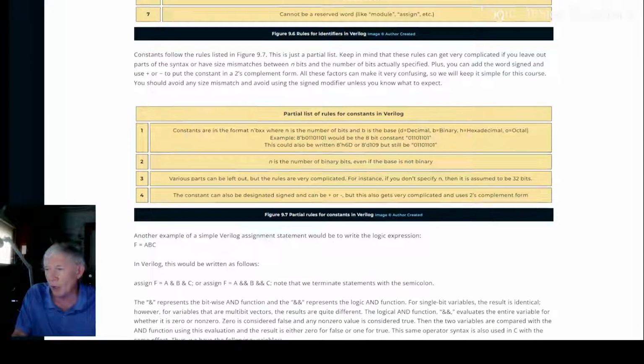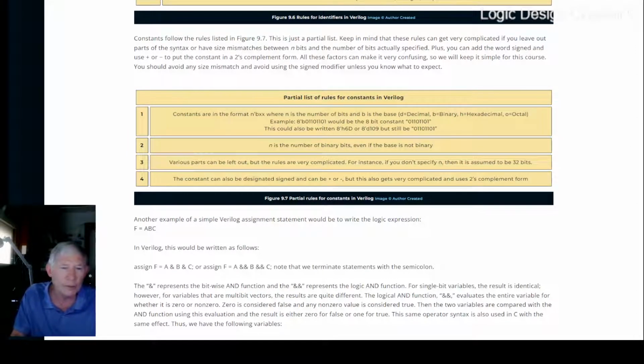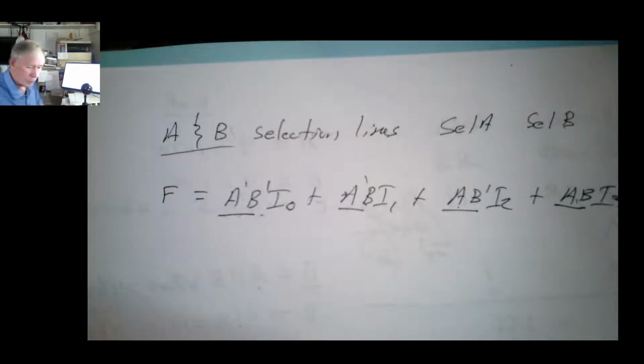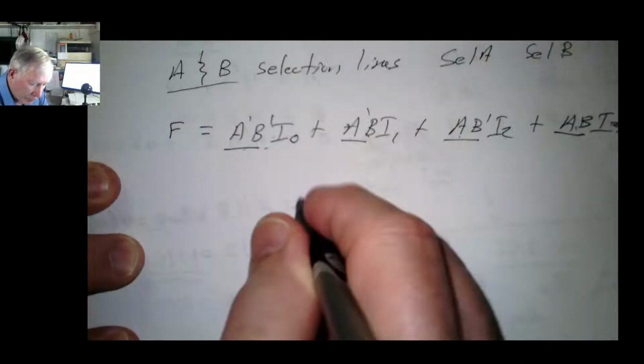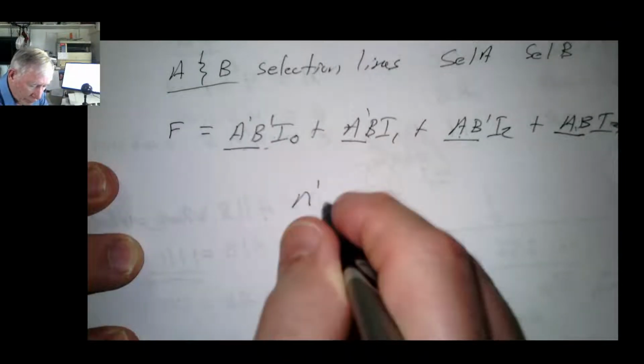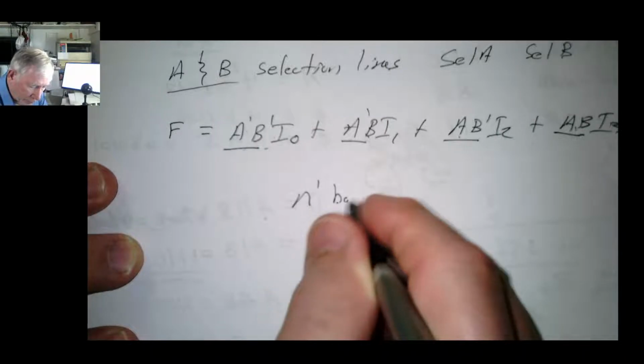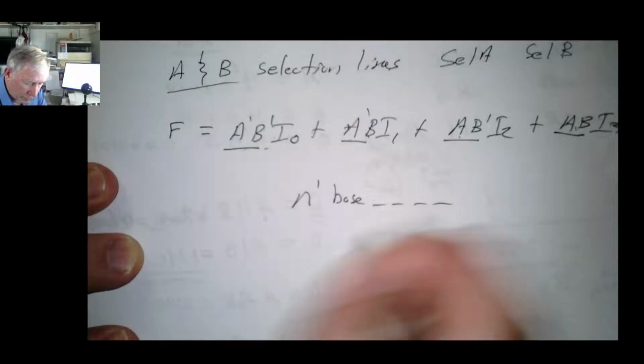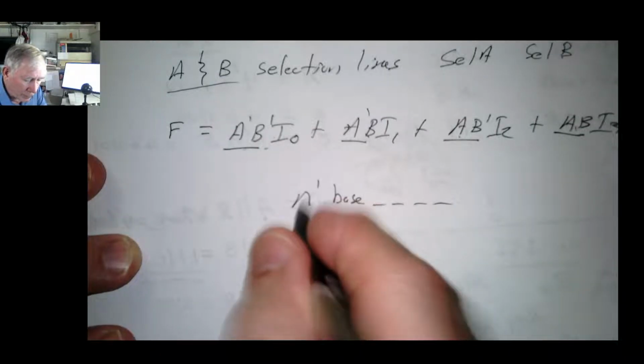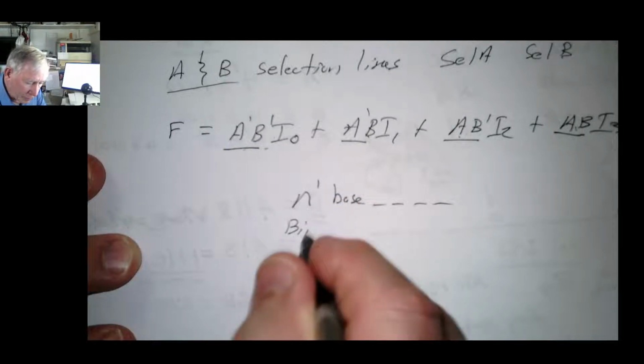Constants, on the other hand, and I already showed you this, are very, very complicated, especially if you leave out parts. But remember, we normally write them, and let me just go back to the paper. We normally do n tick, and then we have a base here, and then we have our actual digits. So the n is the number of binary bits.